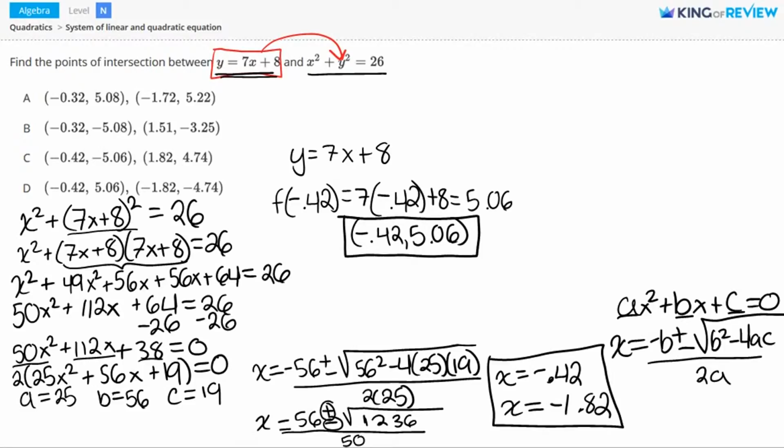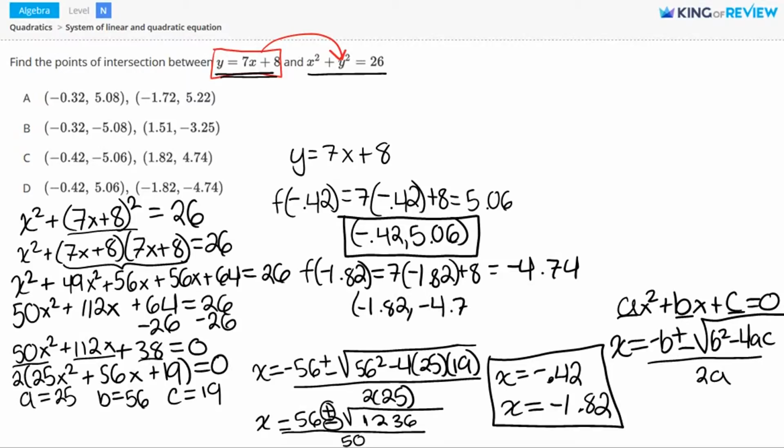Now let's plug in the second value for x, f of negative 1.82. This equals 7 times negative 1.82 plus 8, and this equals negative 4.74. So I have a point of intersection at negative 1.82, negative 4.74. This is the second point of intersection.